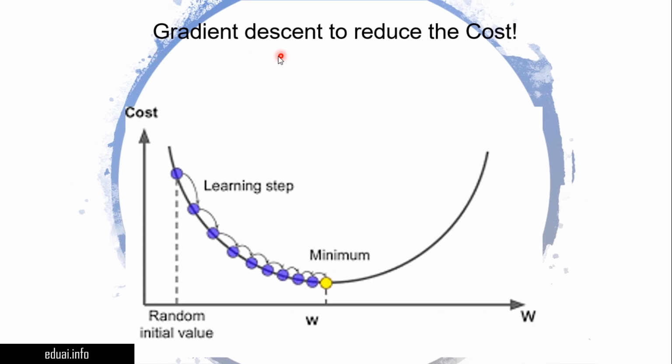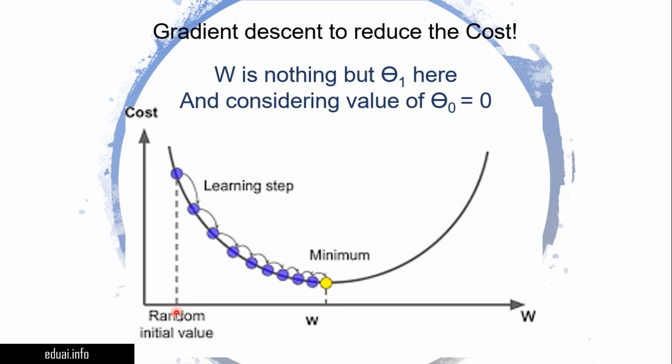Let's understand this gradient descent more technically by looking at this graph. We have cost on the y-axis and we have weights on the x-axis. Weight is nothing but some values that we are providing to the algorithm so that it can minimize the cost. So w is nothing but the value of theta 1 here, and we are considering the value of theta 0 as 0 for now.